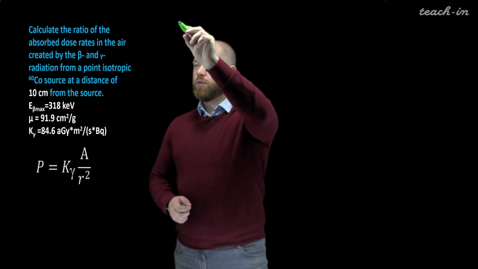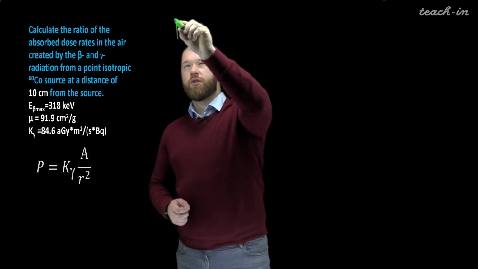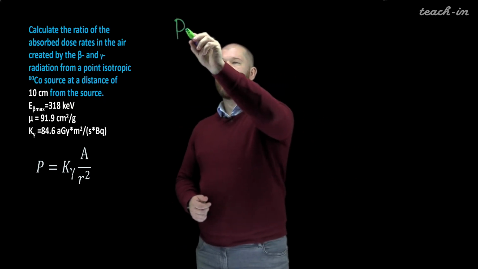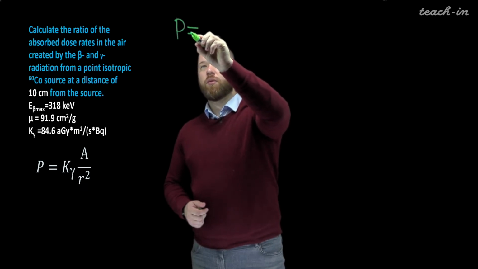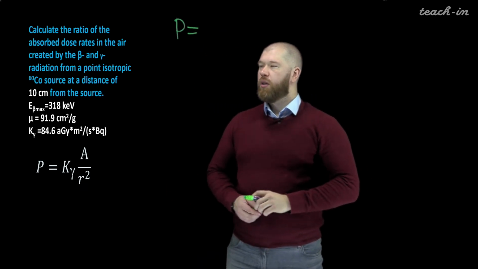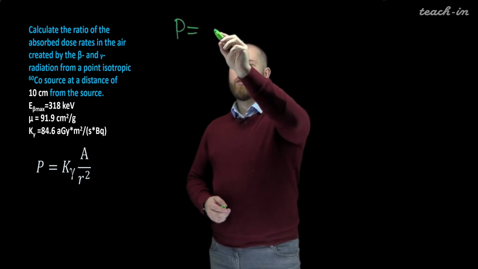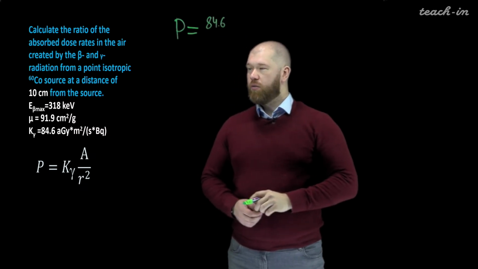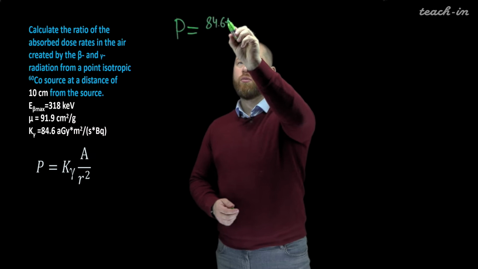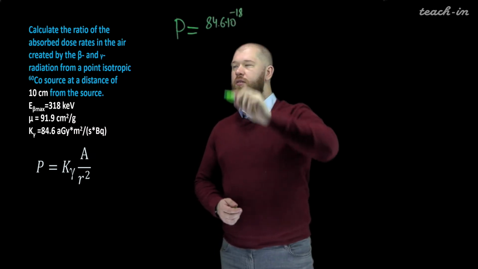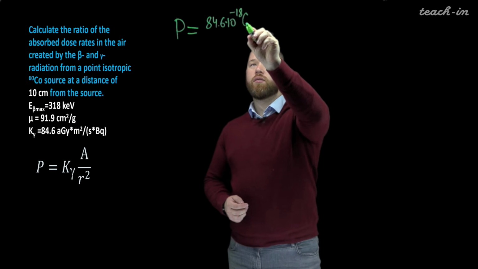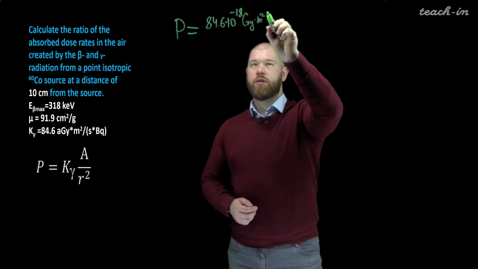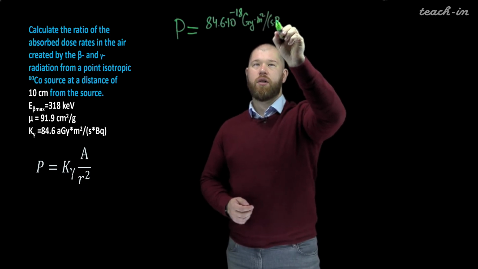So we need to calculate the dose rate. So it's P, like power. Gamma constant is 84.6 attograys, so it is 10 to the minus 18 gray, multiplied by square meters, divided by second and becquerel.